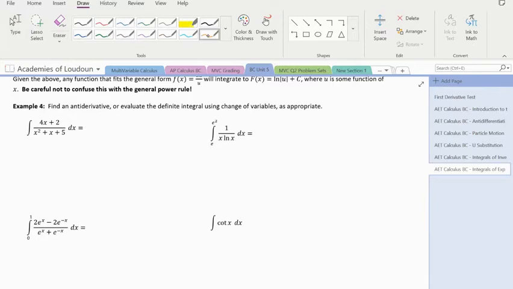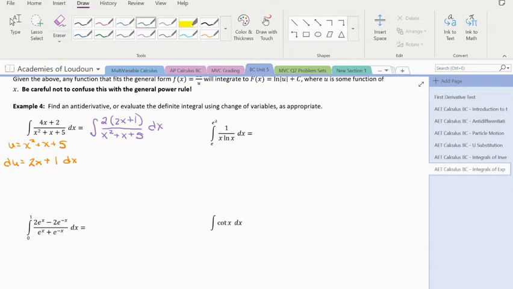So in example 4, we have 4x plus 2 over the square root of x squared plus x plus 5 dx. So again, choose your denominator to be your u, so x squared plus x plus 5. So du would be 2x plus 1 dx. Now we can simplify this numerator as 2 times 2x plus 1 over x squared plus x plus 5 dx.